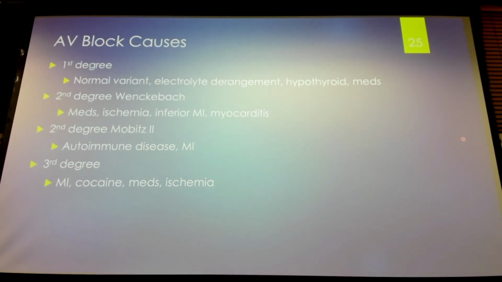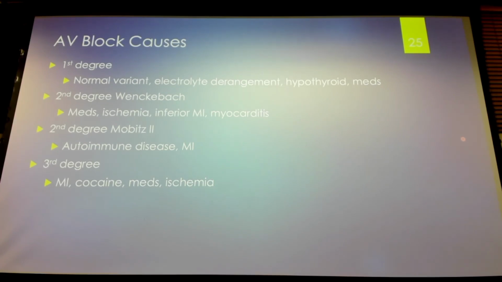Okay, so first degree can be a normal variant. It could be from electrolyte derangements, it could be from hypothyroid, it could be from medications we're giving the patient. Second degree Wenckebach could be from meds, could be from some sort of ischemia, myocarditis, or even an inferior MI. Second degree Mobitz type 2 is much more concerning than second degree Mobitz 1 or that Wenckebach.